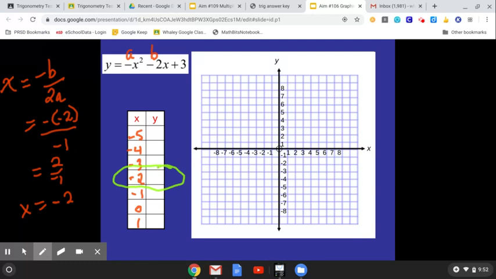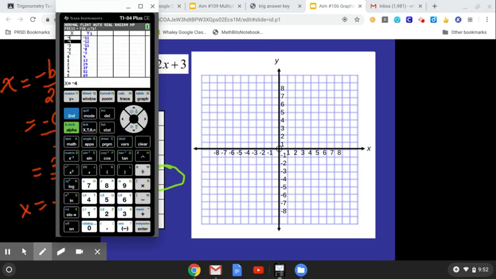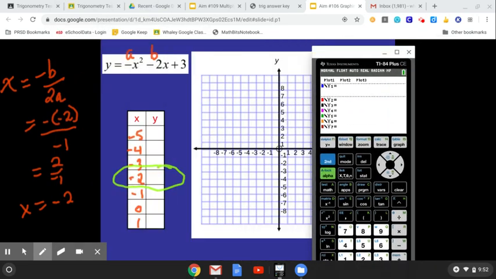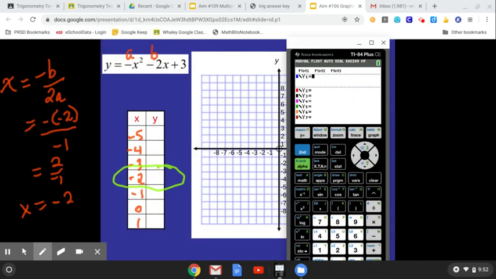Okay, but now here's where we're going to cheat a little bit. We're going to use our graphing calculator to fill in this table. So I'm going to open up my graphing calculator here. I'll hit y equals, clear out anything that might already be there. Now I'm going to move this over to here so I can see what the equation is.